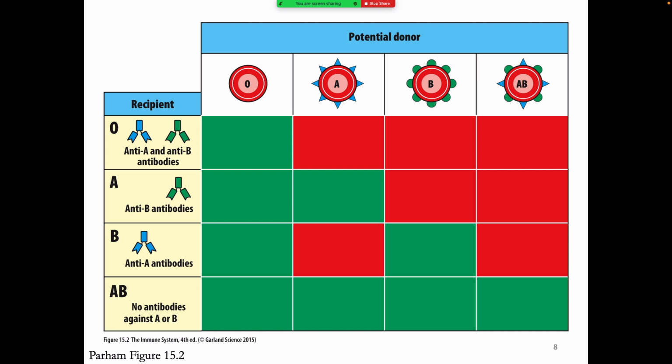You can actually see that better here on the left, where you can see each type and what antibodies they have. At the top, you can see the cells and which antigens they have. That limits your possibilities for transplantation. A person with type O blood can only receive type O blood cells because they have antibodies to the antigens present on everybody else's cells.